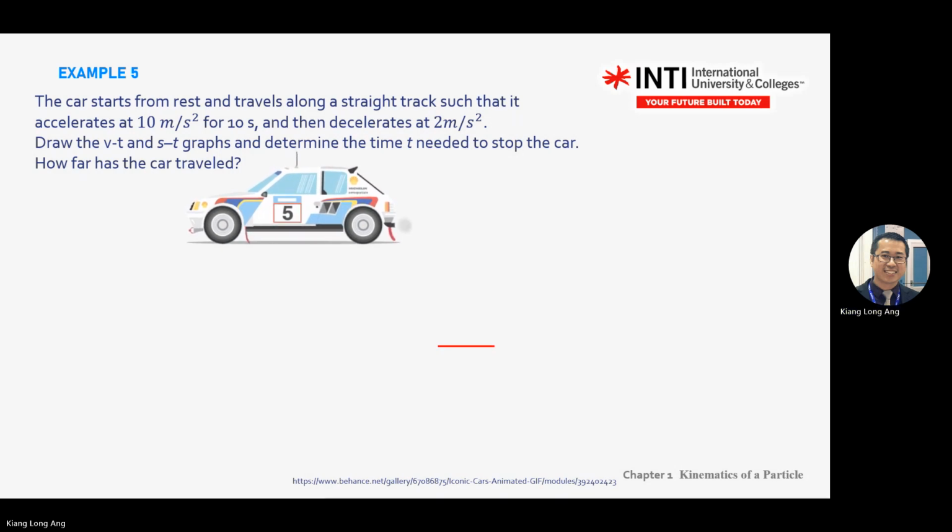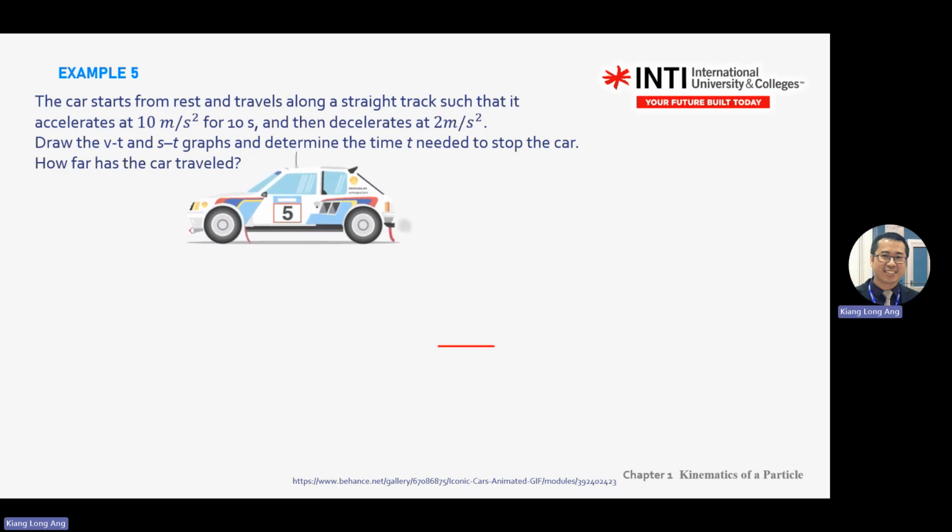The last one, v squared = v0 squared + 2as. All this is when acceleration is constant. Then only you can use these three equations. So if you know all these equations, you are able to do the questions for chapter 1.